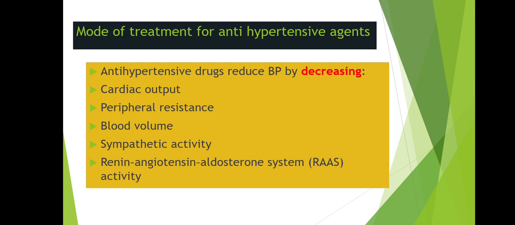The blood volume in males is approximately 5 to 6 liters. In females, approximately 4 to 5 liters. How much blood volume you have determines the cardiac output. How much you have is what is going to be released. So we also want to decrease blood volume. We have some medications like diuretics. We have furosemide.